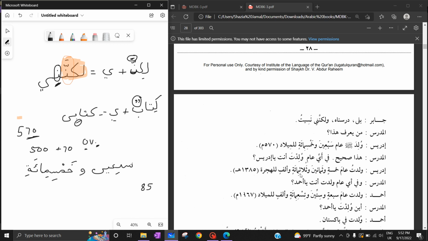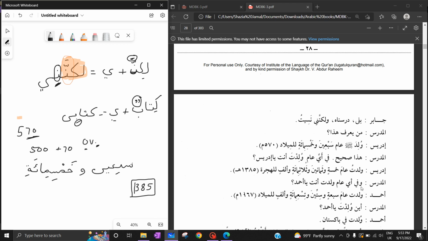Wa thalathi mi'atin. Thalathi mi'atin means 300. Right? So 385. Wa alfin hijri. Alf is 1000. So 1385. This is how we can get the number from Arabic. This is the trick to get the exact number if you don't understand these numbers in Arabic.